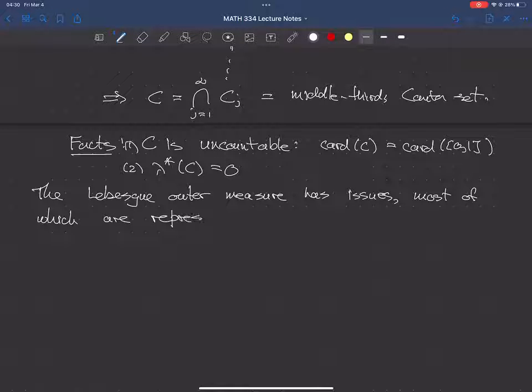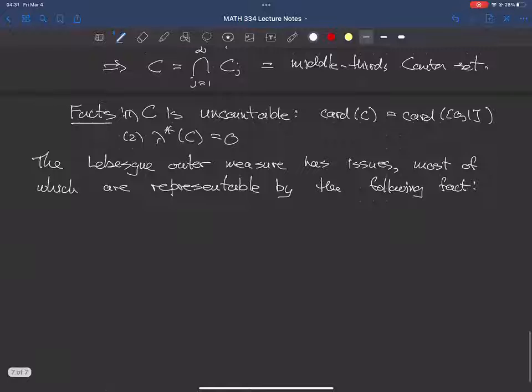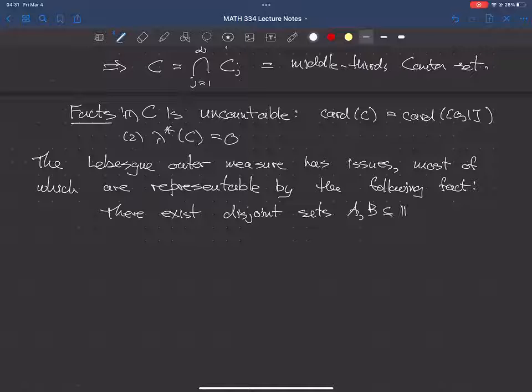And the deficiency is represented by a certain property of the Lebesgue outer measure, and that is: there exist disjoint sets A and B for which the Lebesgue outer measure of the union is not equal to the sum of the Lebesgue outer measures.